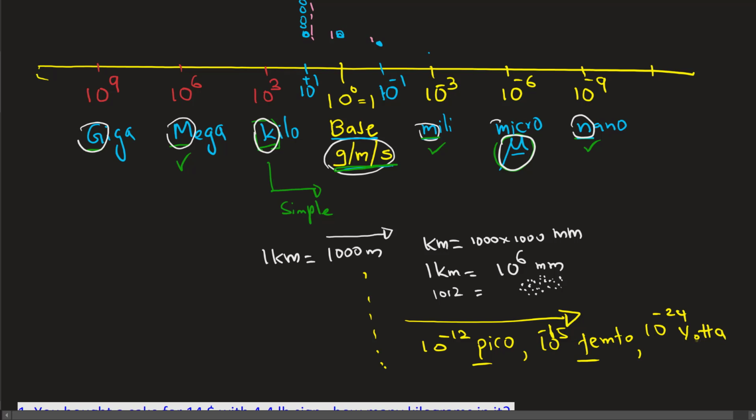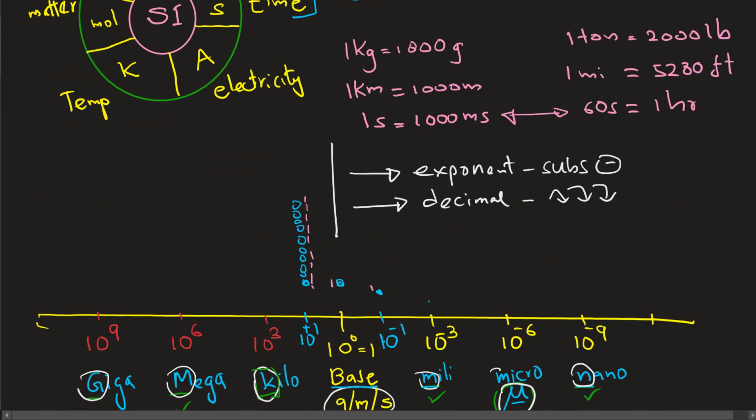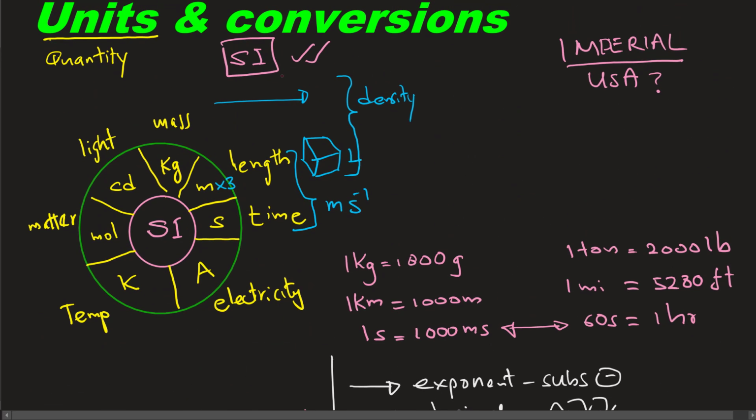All the symbols are simple p, simple f, simple y. Those come after 10 to the minus 9, right? Now, after 10 to the power 9 on the red side, the increasing side, it's tera, peta, exa, and also zetta, and then you can go on. So that's how we have more units that we can use for the SI system, right? Like I mentioned, there are derived ones, and we can get so many.